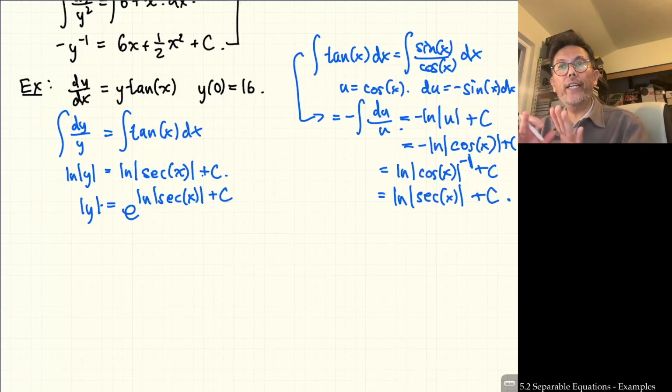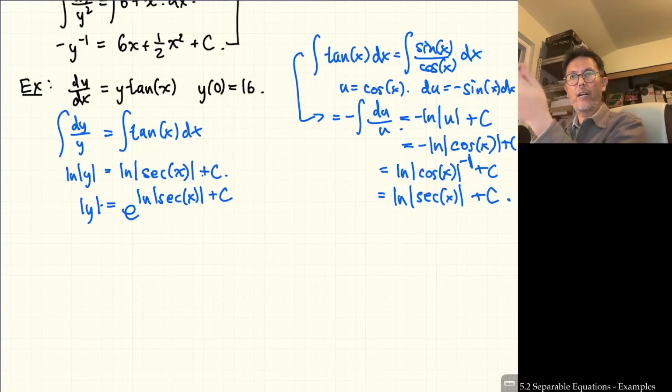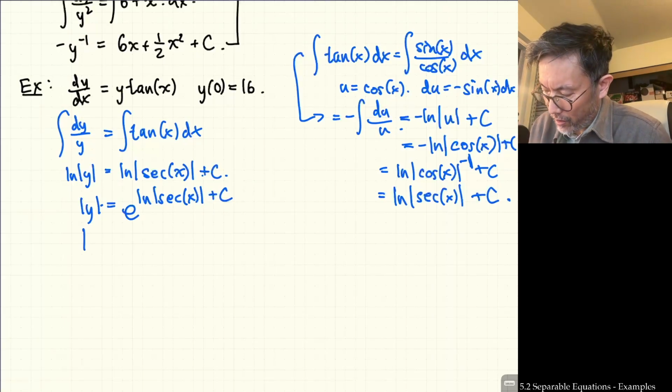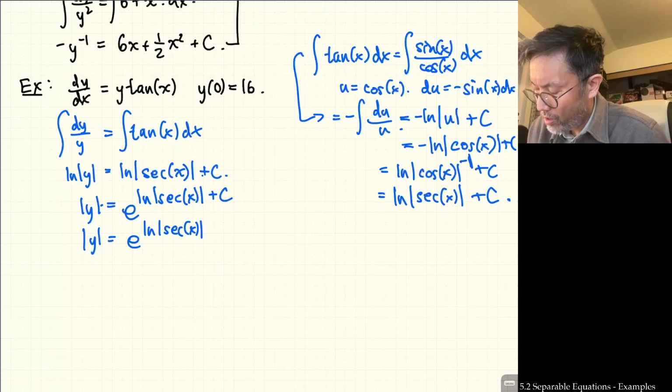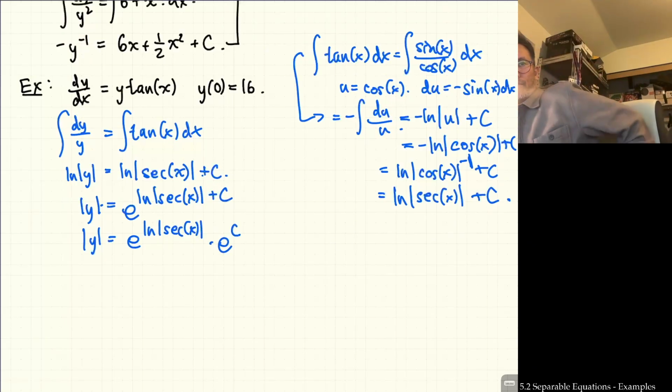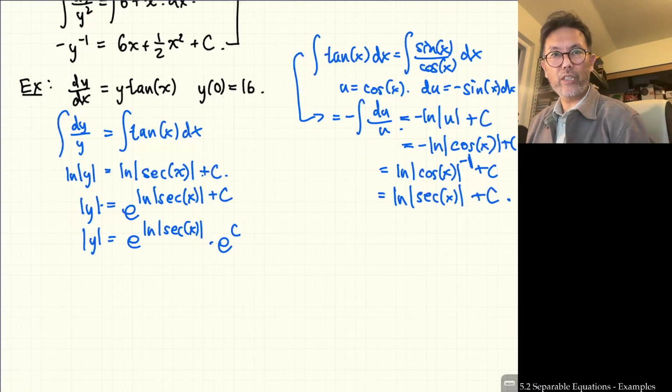Then what I'm going to do is break this exponential up along this plus right here. Because I know that the exponential of a sum is the product of exponentials. So that tells me that I get e to the natural log of the absolute value of secant of x times e to the c power. Now remember, e to the c power is a positive quantity, as we've discussed.